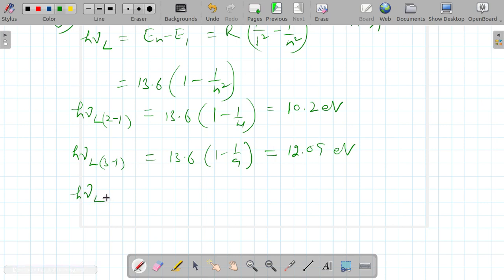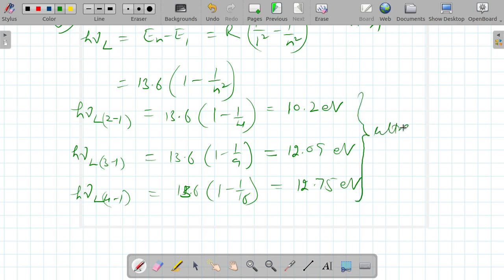And h nu L for 4 to 1 is represented by 13.6 into 1 minus 1 by 16, which is equal to 12.75 electron volt.